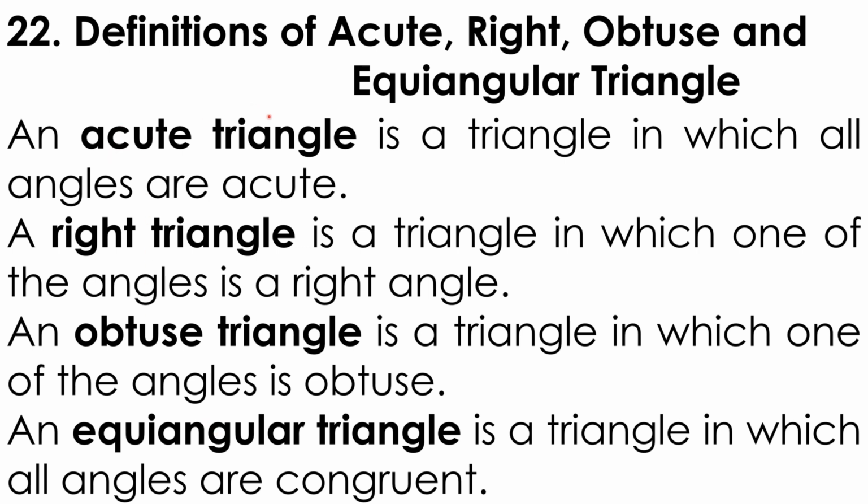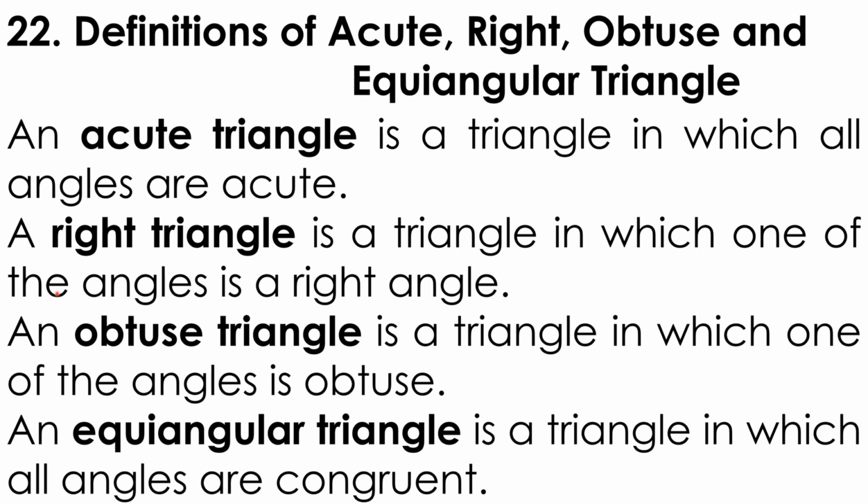Now, in an acute triangle, all angles are acute, meaning all the angles of an acute triangle have a measurement greater than 0 degrees but less than 90 degrees. A right triangle states that one of the angles, meaning 1/3, has a measurement of exactly 90 degrees.